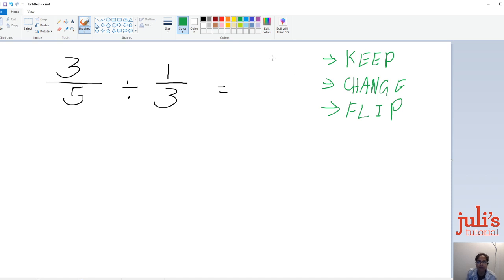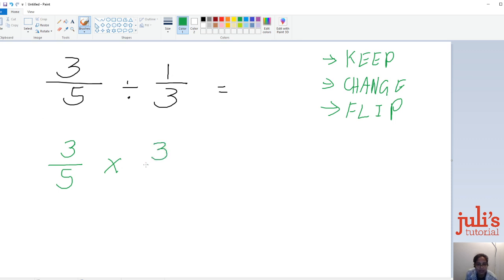What we mean is that we're keeping our first number the same, 3/5. Okay, we're changing division to multiplication. We change it to the opposite function, and the opposite function of division is multiplication. And we're going to flip our last number, as in we're making it upside down, as in your head is down and your leg is up. Think about it that way.